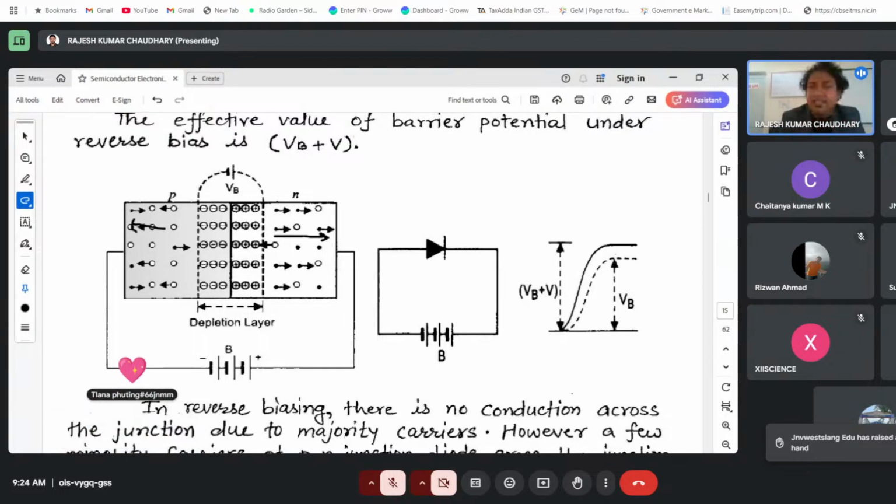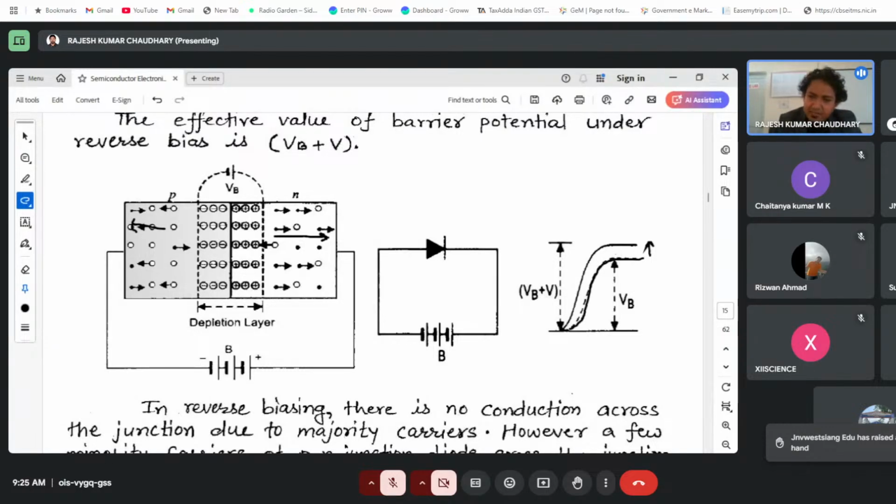In case of reverse bias, the potential barrier will be broadened, making it impossible for electrons to jump. You can see that earlier the potential barrier was this one, and when we are using reverse bias, it was increased to this one, making it almost impossible for electrons to jump from the n side to the p side.